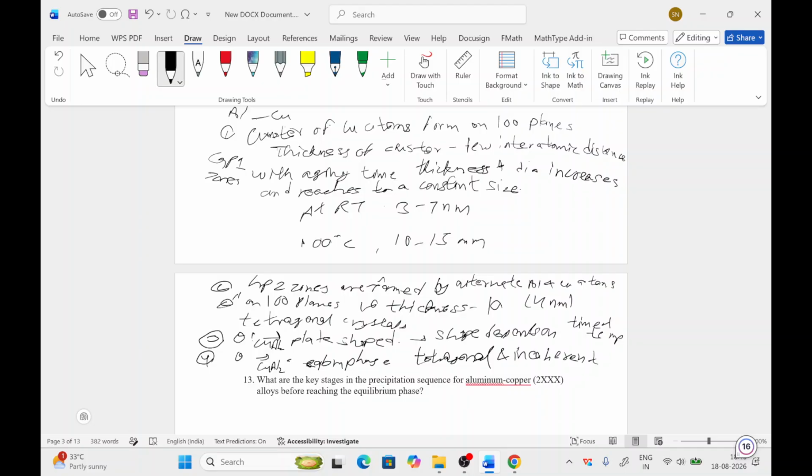In the third step, this tetragonal shape further transforms into the plate shape of CuAl2. This plate shape theta prime is semi-coherent, but with further growth, it transforms into theta, the equilibrium phase with a tetragonal and incoherent interface.